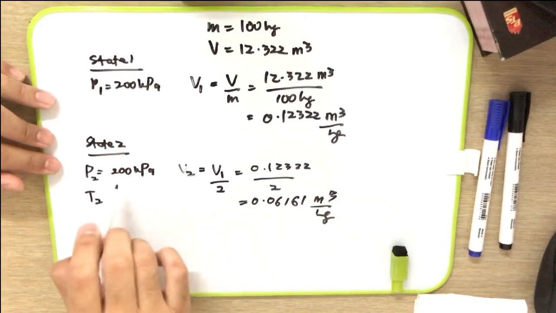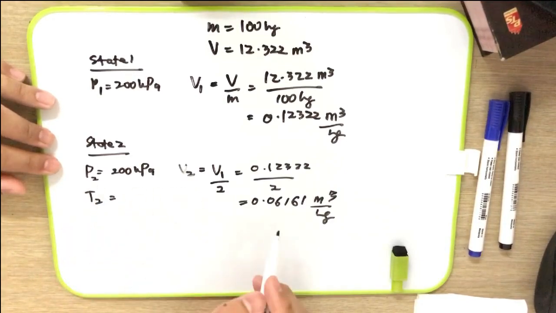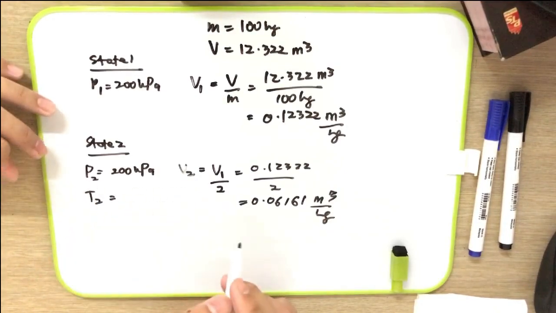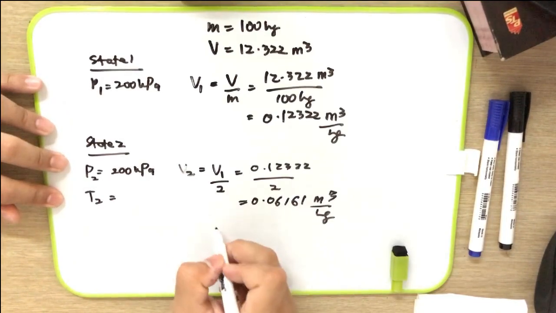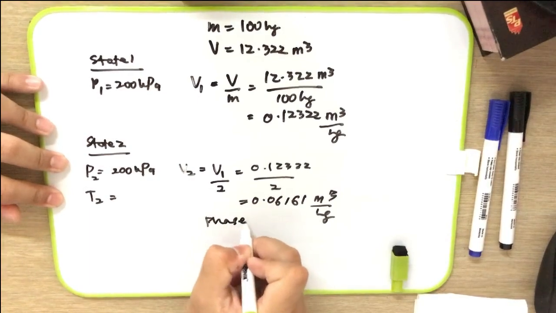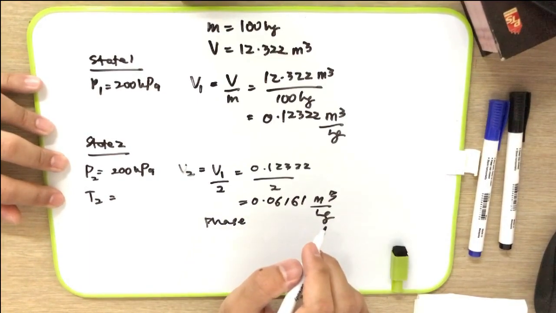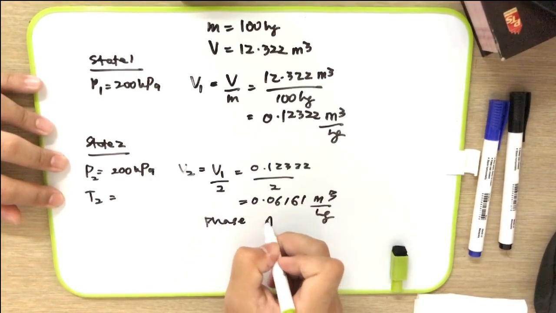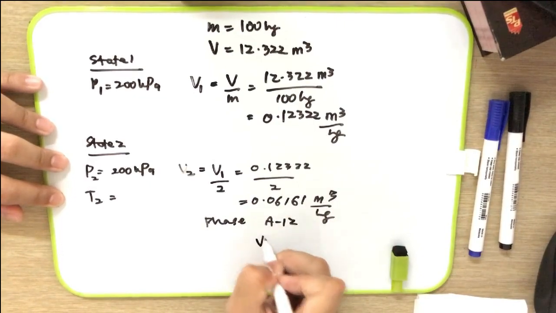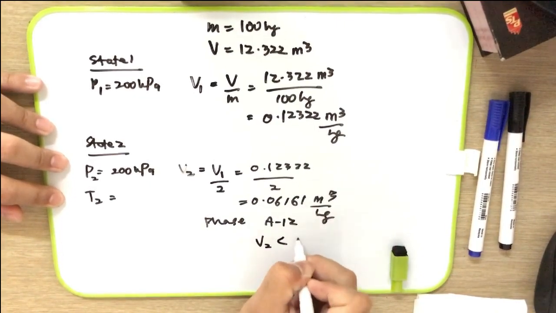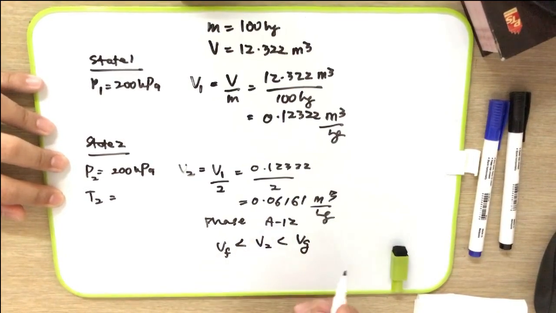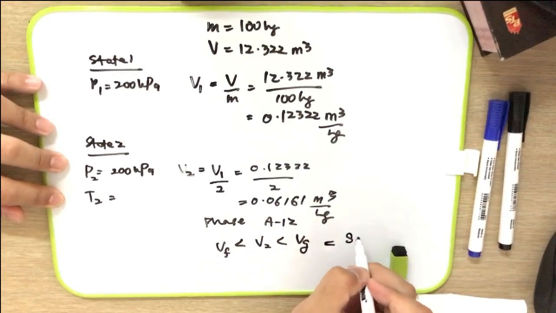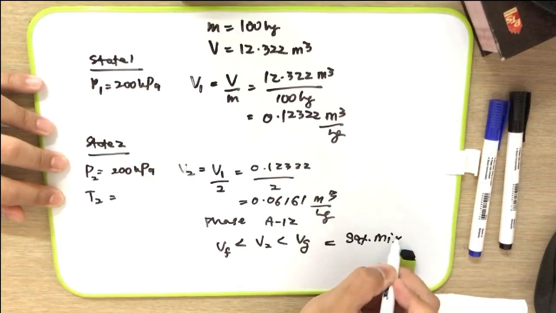Because we already have two pieces of info, P and also V, we can find T2. But before that, we have to determine the phase first. After we check from table A12, we found that V2 is between VF and VG, so the phase is saturated mixture.